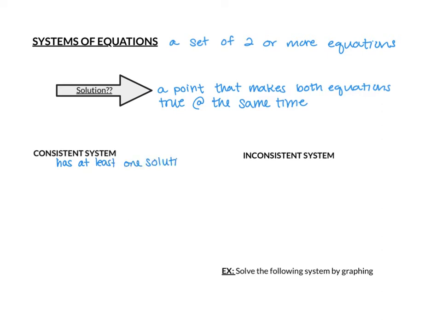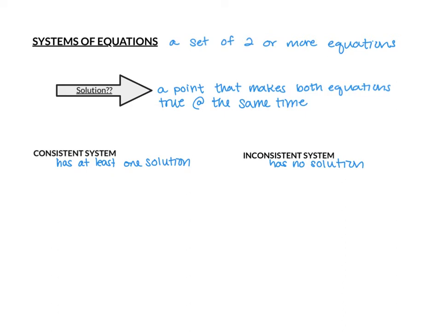We're going to expand on this. So that means an inconsistent system has no solutions. Okay, so consistent means has at least one solution, and inconsistent means has no solutions.